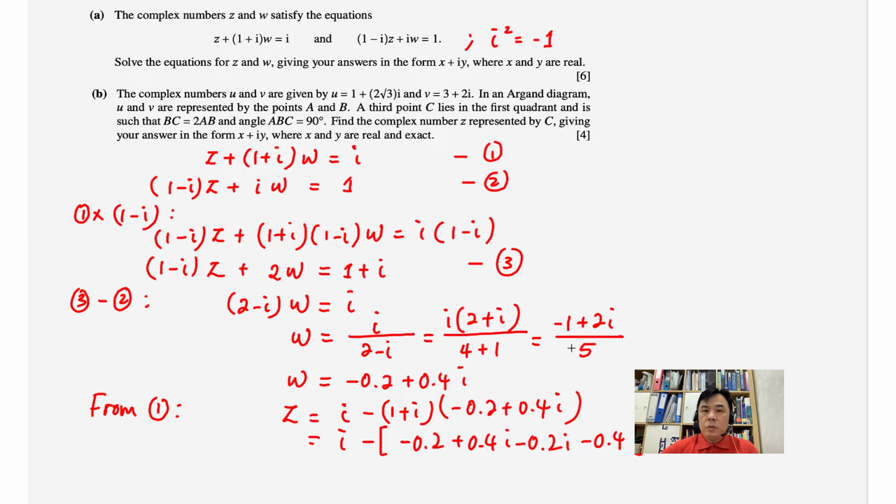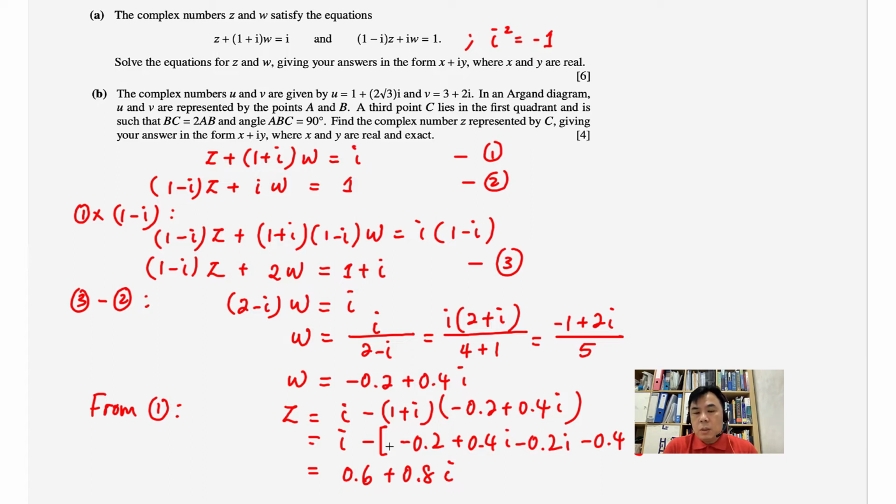I have already removed the i squared here, and then we can combine. This is 0.2i, and the real parts become a positive 0.6, and the imaginary parts is negative 0.2i here. So negative 0.2 becomes 0.8i after we subtract that from i itself.